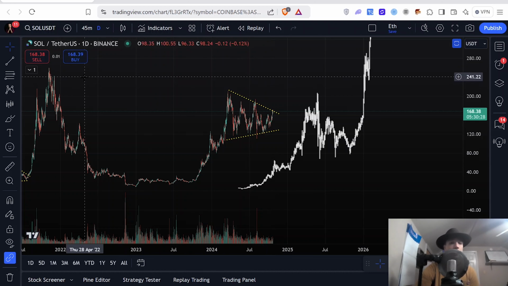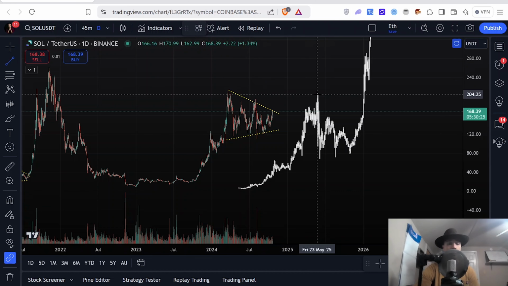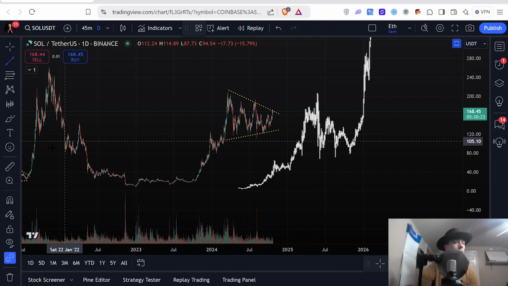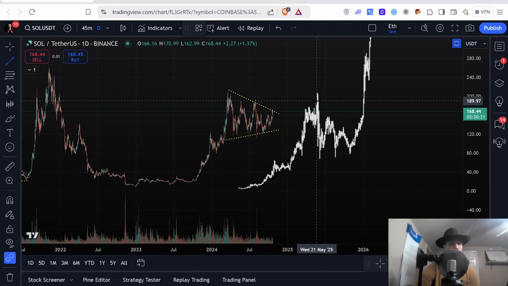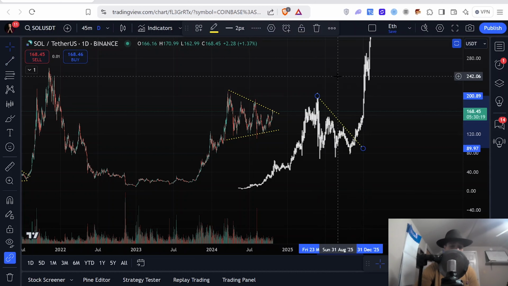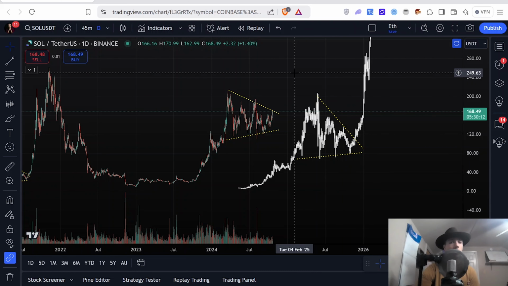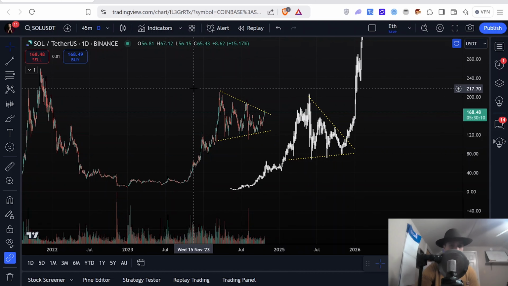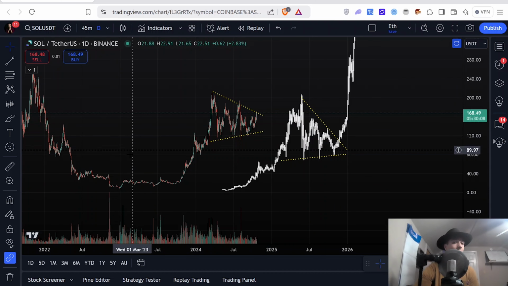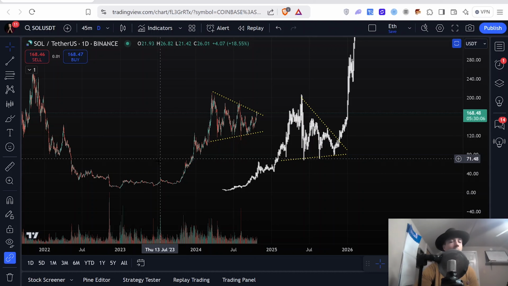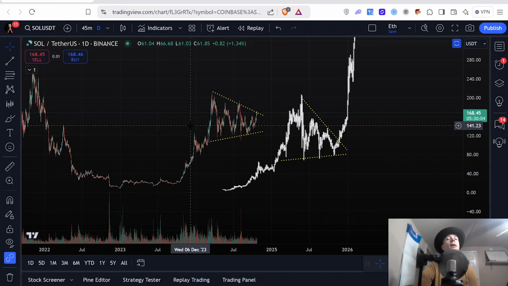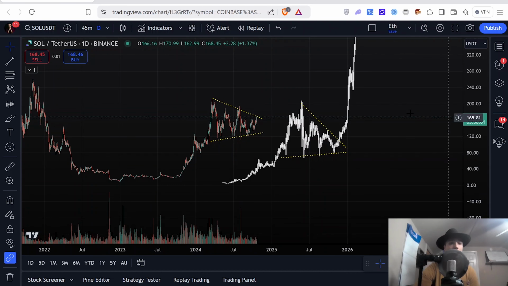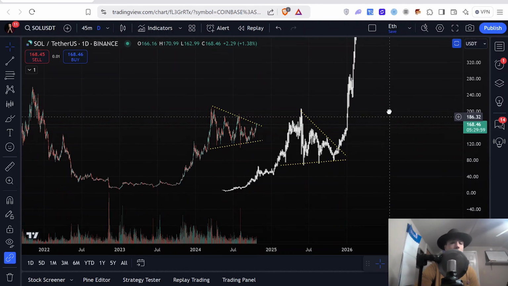And you can see that the same psychology and the same market structure that occurred previously, historically on Solana, is actually happening right now today. So this is a really good looking setup from a psychological perspective. I really like how these two charts map up and match up almost perfectly. And what I'm kind of watching for here with Solana is a big bullish breakout.